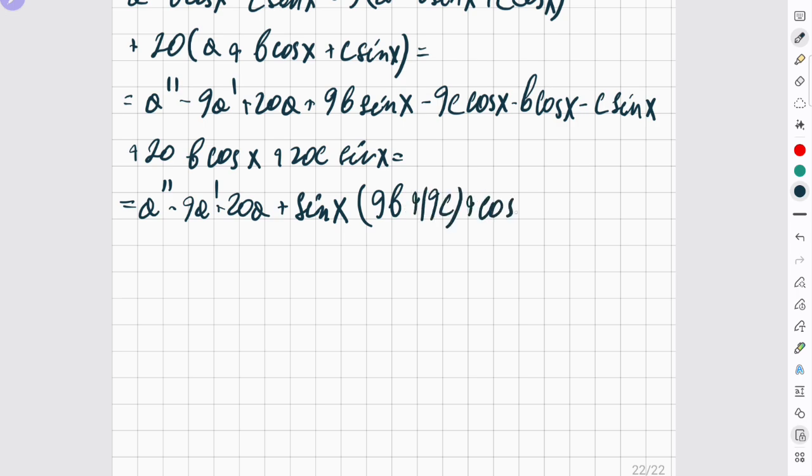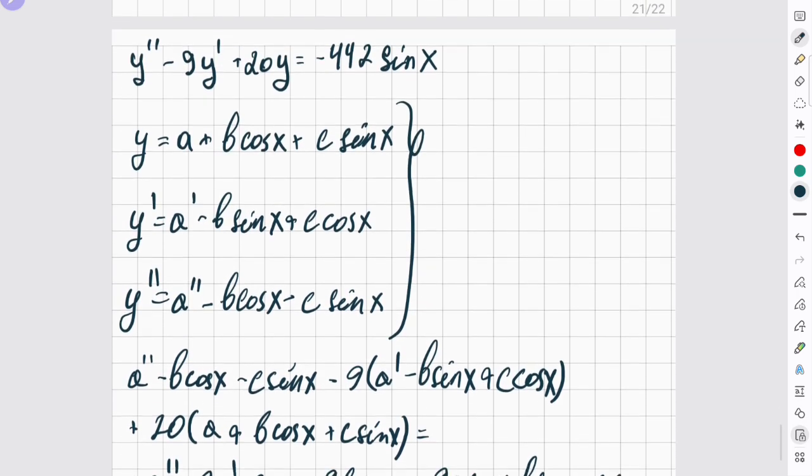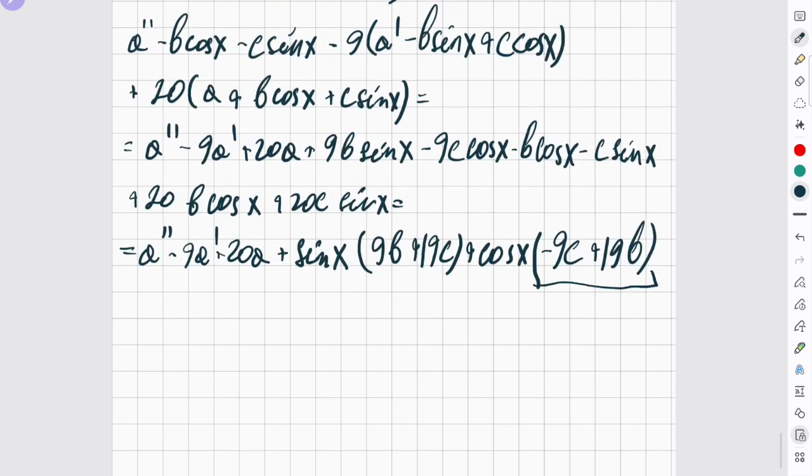And let's just do it for the cosine x as well. We have minus 9c minus b and plus 20b, so we can just write plus 19b. Here we can't see any cosine x, it means that this part should be 0.